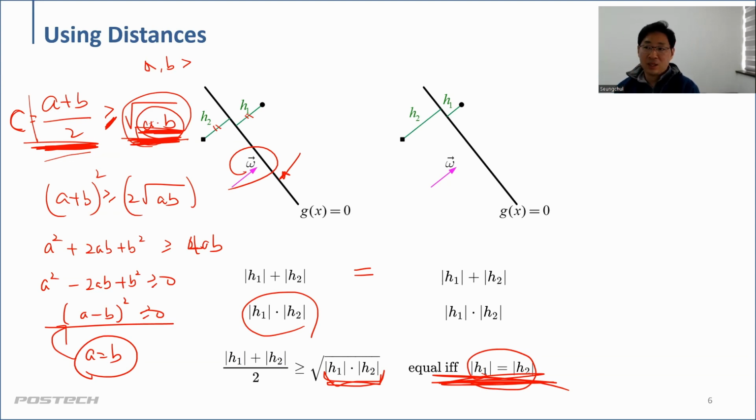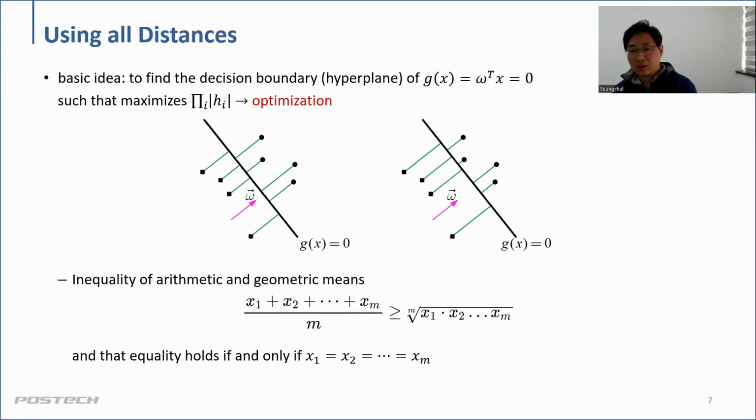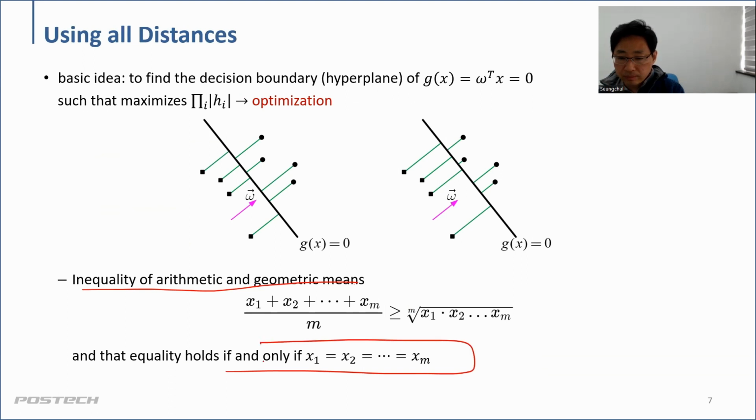Using that arithmetic and geometric inequality, you can get some insight or ideas. Now we start from two data points, and now we can have more than that, and this inequality is still true. So the idea is that we utilize all the distances in the objective function.